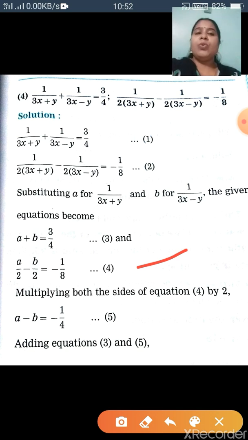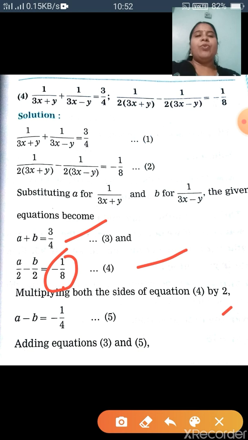As I have told you, we have to take the LCM. Now here I am telling you why by 2, so that when I multiply by 2, this 8 will be converted into 4, and here also I can see 4. So adding and subtracting those fractions which are having like terms in the denominators is always easy. So that is the reason this equation is multiplied by 2.